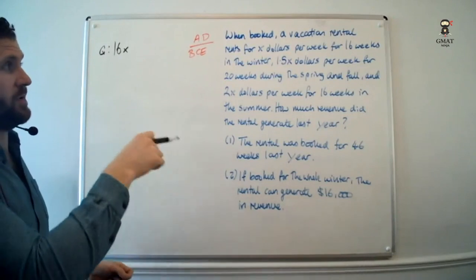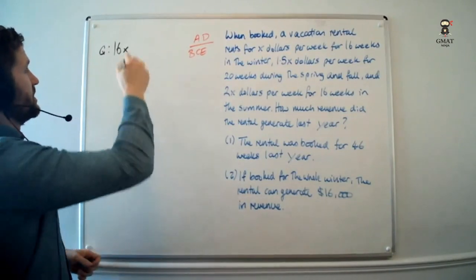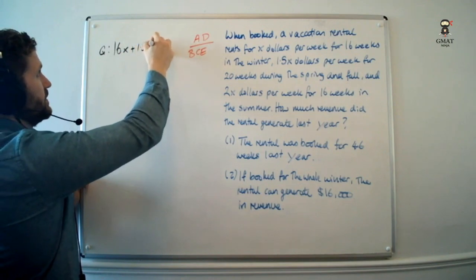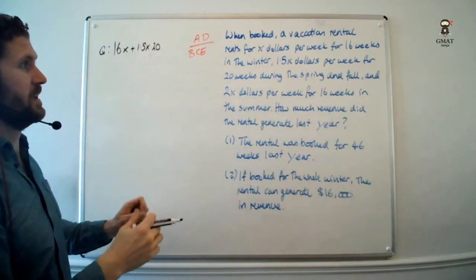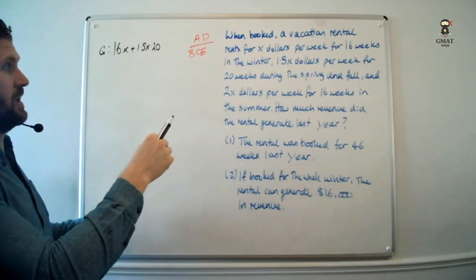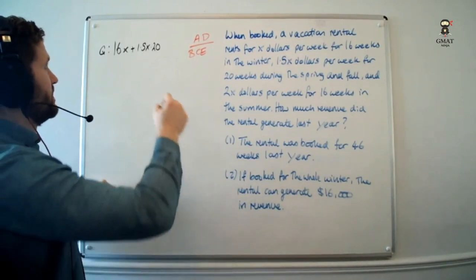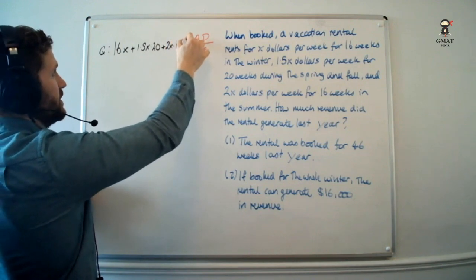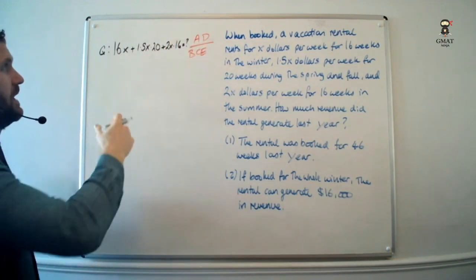And it's 1.5x dollars per week for 20 weeks during the spring and fall, so I could add 1.5x times 20. And 2x dollars per week for 16 weeks in the summer, so 2x times 16 in the summer.